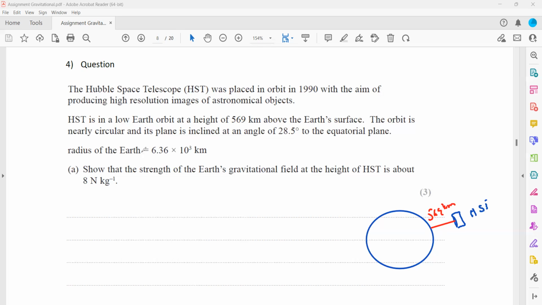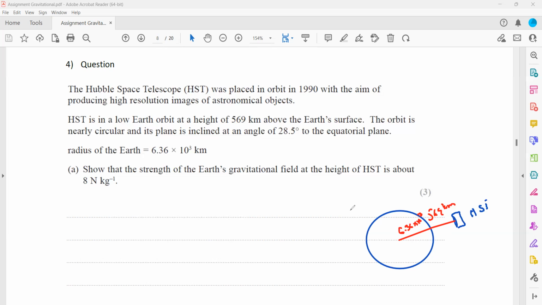And the radius of the Earth is 6.3 exponent 3 kilometer. So the total distance will be equal to the sum of these two.